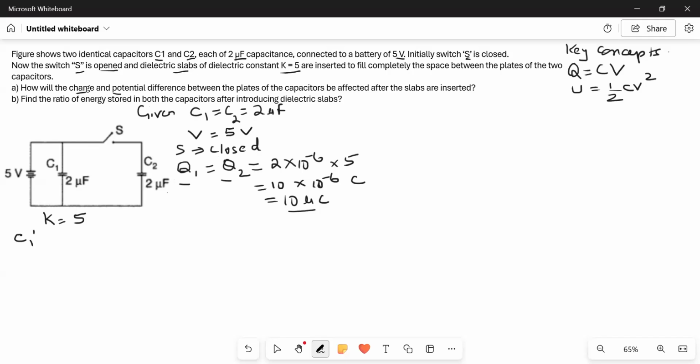Suppose it becomes C1 dash and C2 dash, and both will be equal to, by the formula K A epsilon naught by d, or K times the initial capacitance. So it becomes 5 into 2, that is 10 μF. So capacitance of both the capacitors now becomes 10 μF on introducing the dielectric slab.